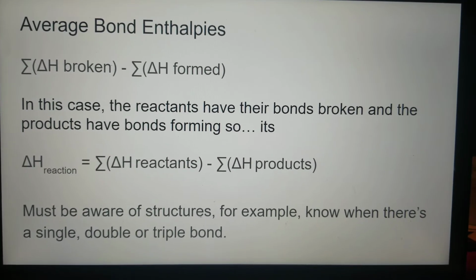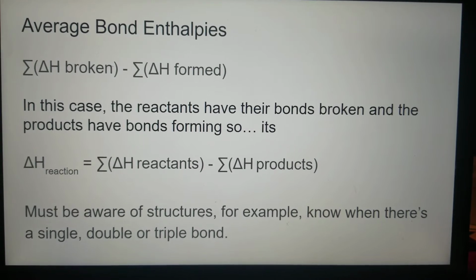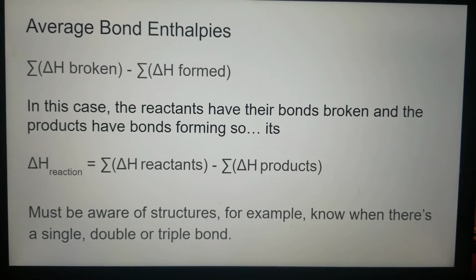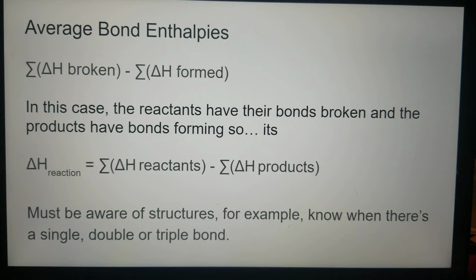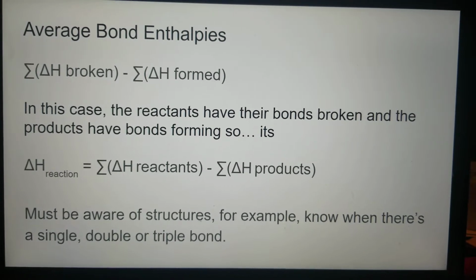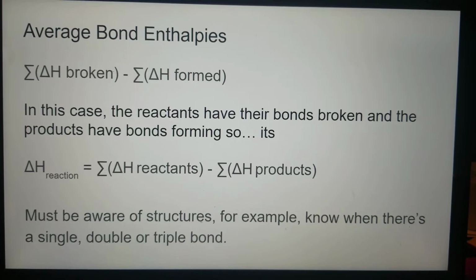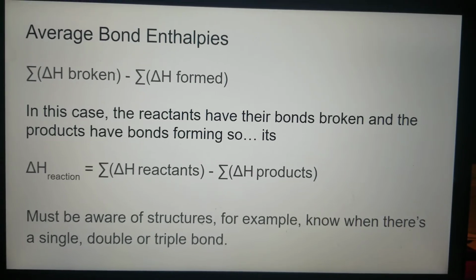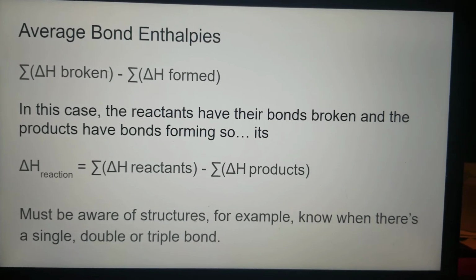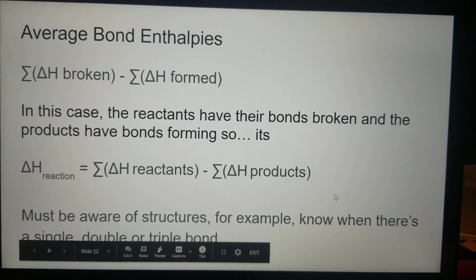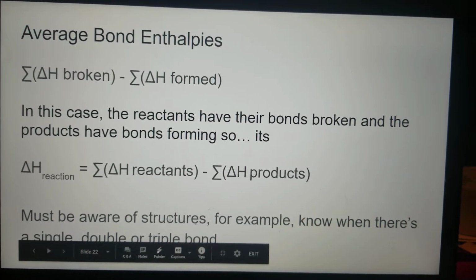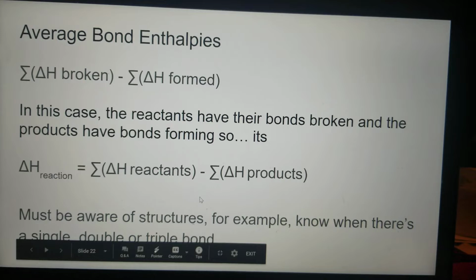So is it bonded to 2 different things, or does it have a double bond? Nitrogen is always going to have 3 bonds. So is it bonded to 3 different things, or does it have a triple bond or a double bond and a single bond, etc.? So you are going to have to be very aware of the structures. That is going to be very important, as you'll see in the example.